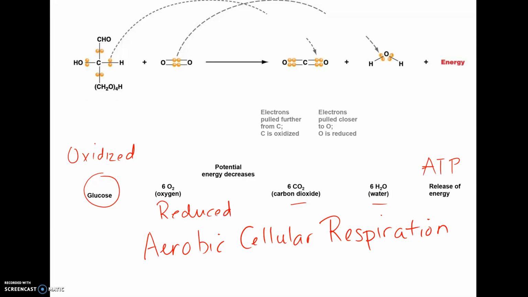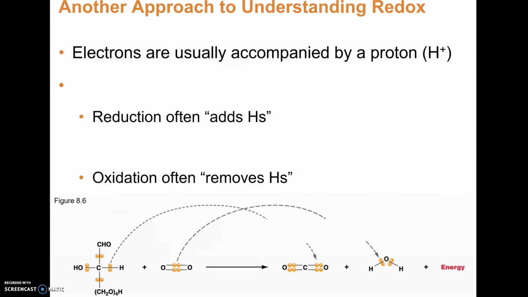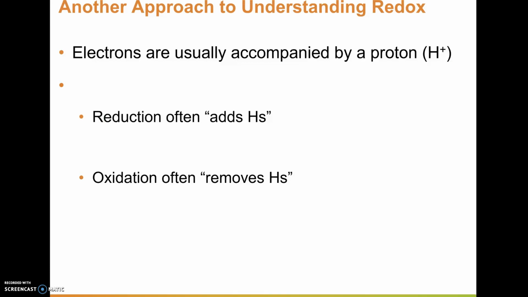Okay. The next type of reaction that we'll want to take a look at, and actually we're not going to look specifically at the reactions now, but I do want you to consider that in some cases, seeing a proton or a hydrogen indicates that there's an electron there.